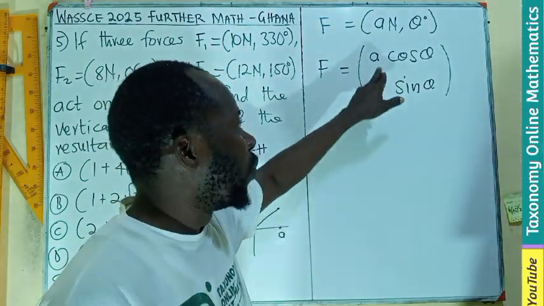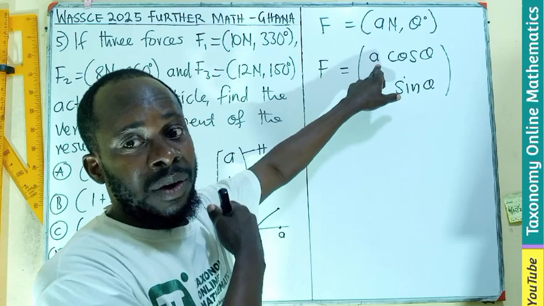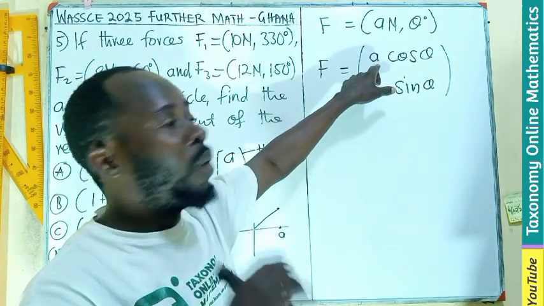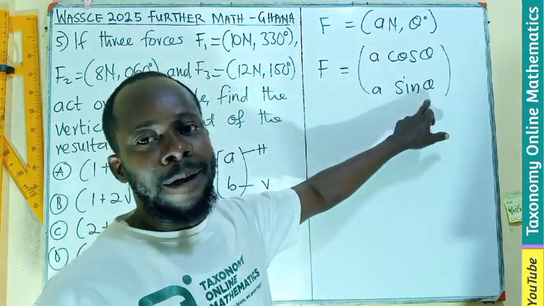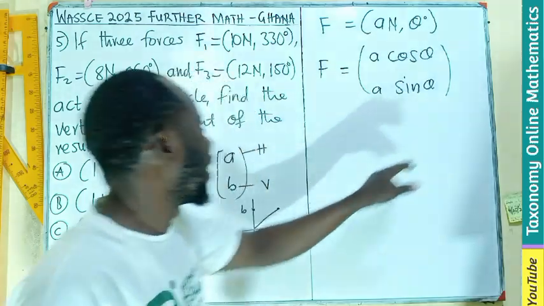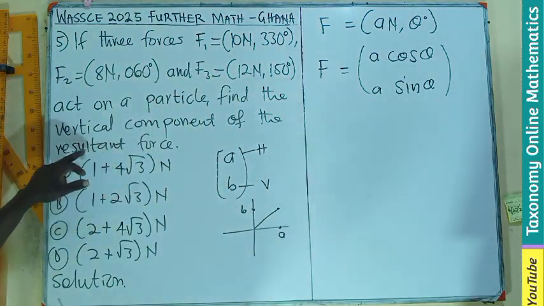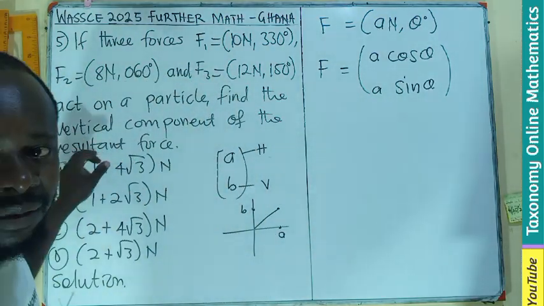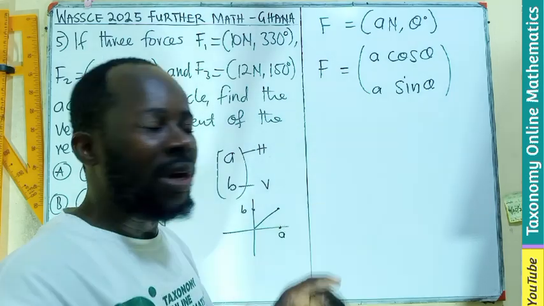So that means we are not interested in the horizontal component of the force. We are only interested in the vertical component. But they are saying we are looking for the resultant, meaning the addition of all the forces.